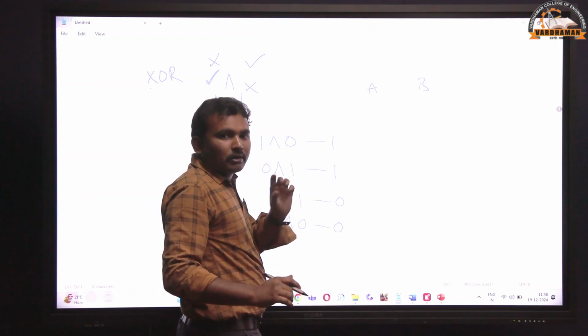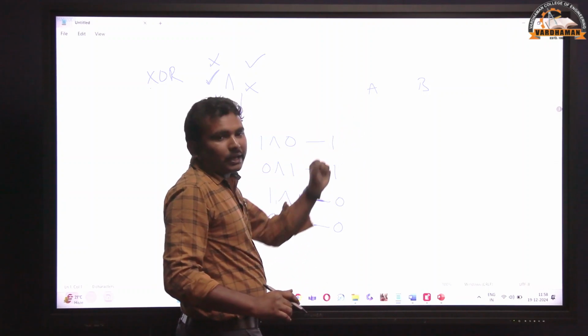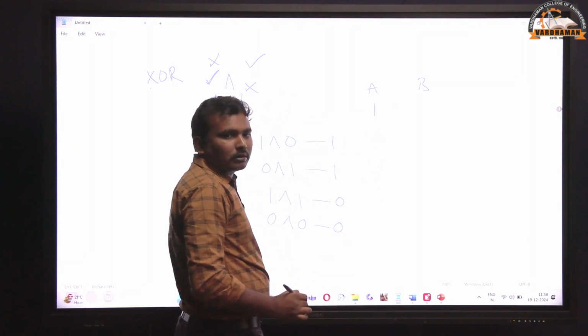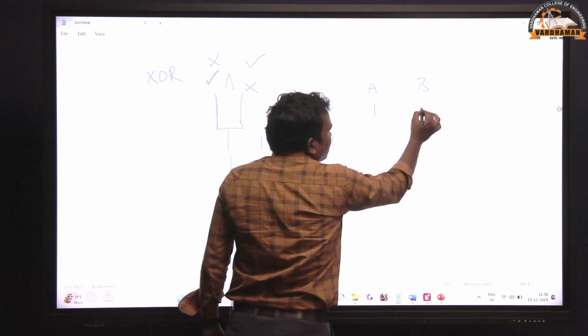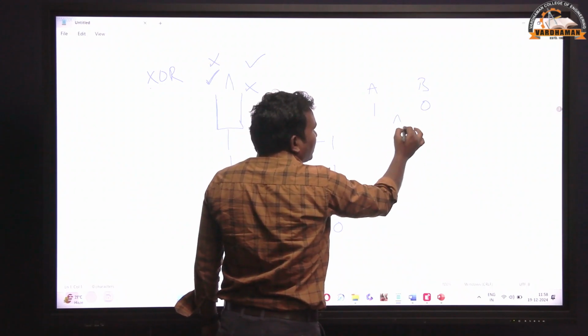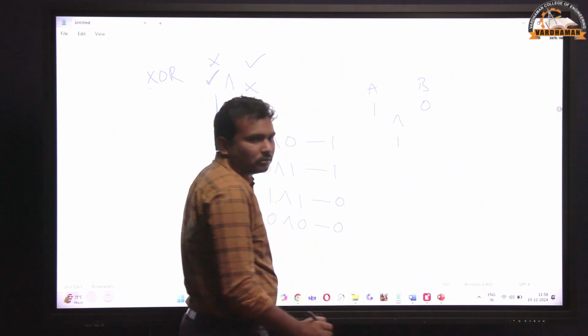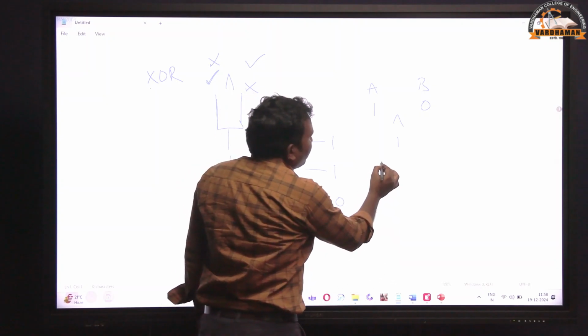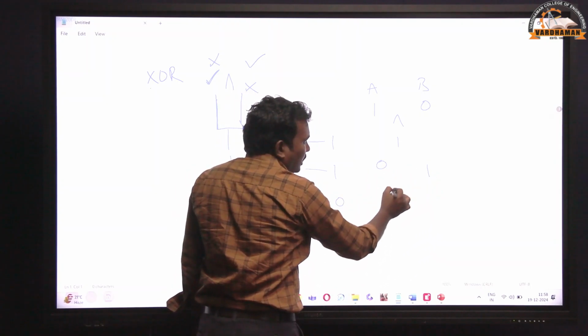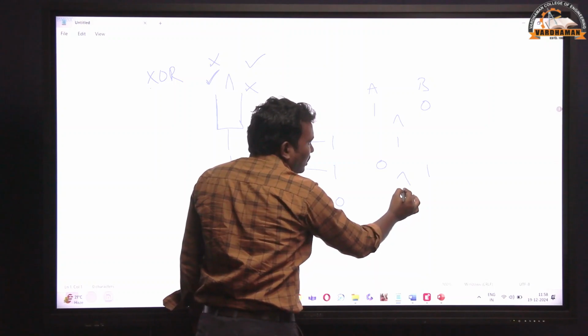You have to take only one tablet, either from company A or company B. Now the patient purchased this one, not that one, so he is not taking that. With the XOR operation, you will get outcome 1. Fine. The patient is not purchasing this, but is taking that, so with XOR you will get 1.